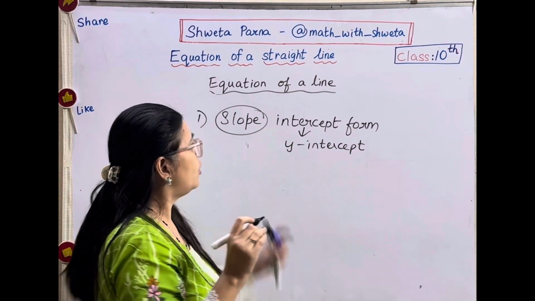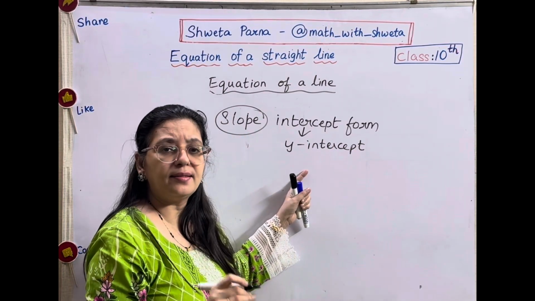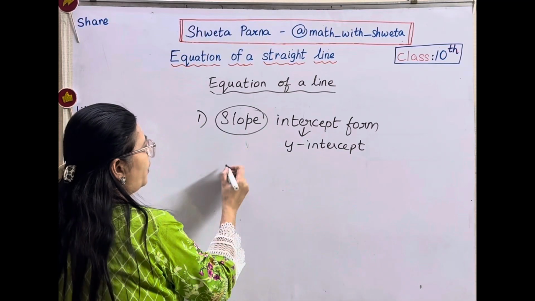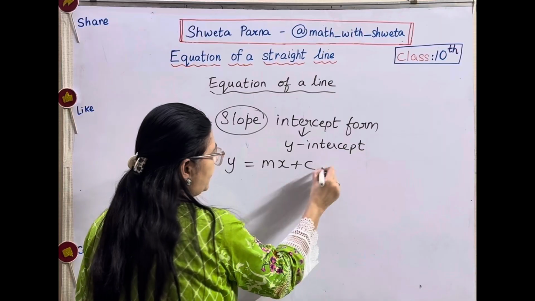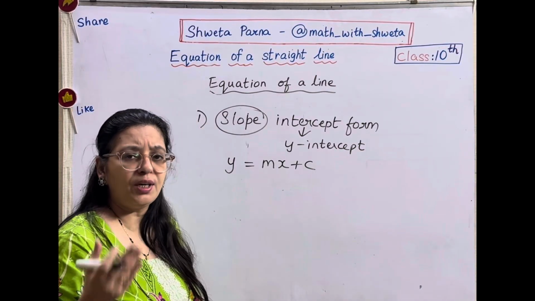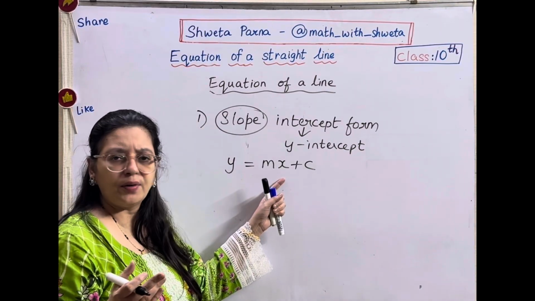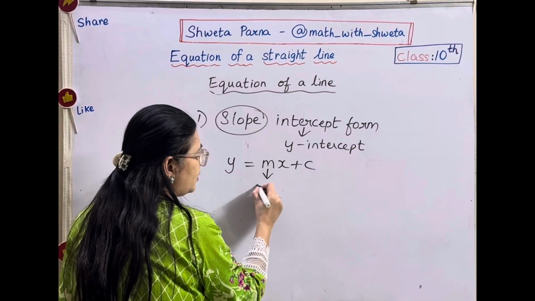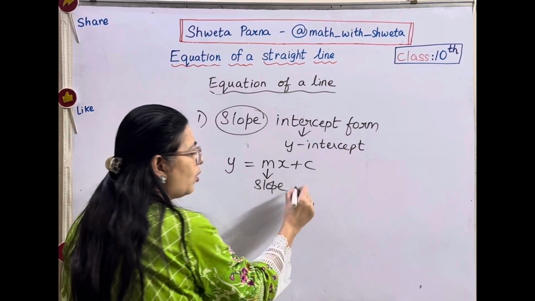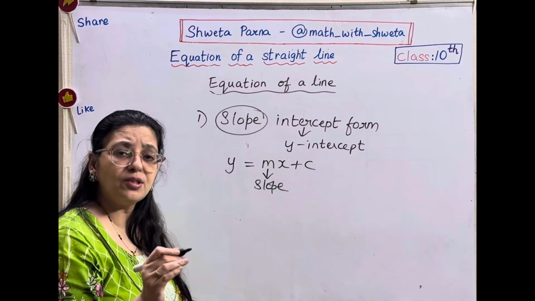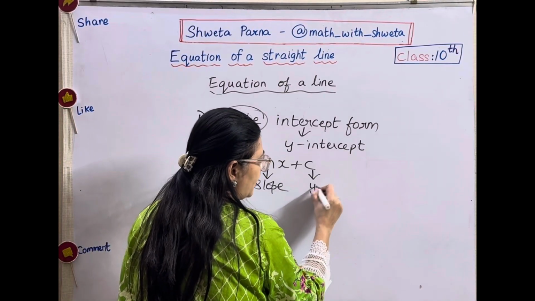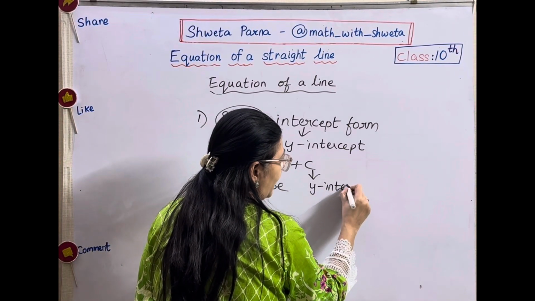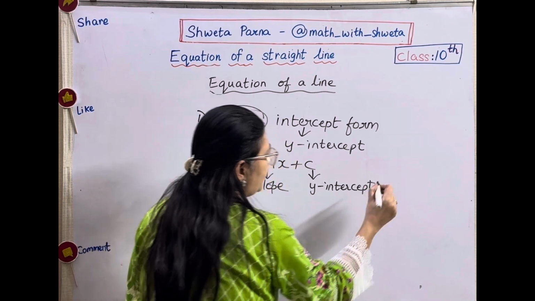So when slope and y-intercept are given to you, the equation is y is equal to mx plus c. If it's an equation, you need variables. x and y are the variables. Slope is always represented by small m, and y-intercept is represented by c.